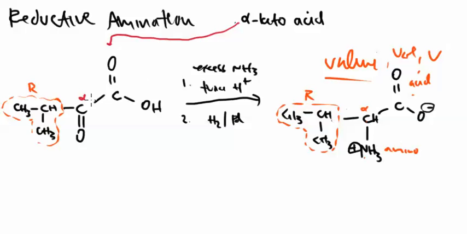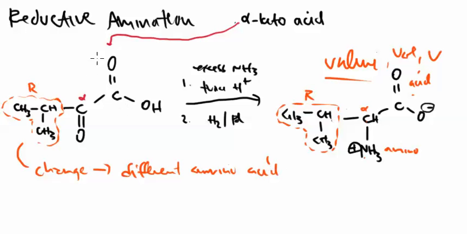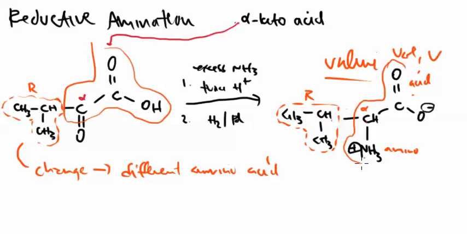Just like in the previous one, this R group is very important because this is what you change, and when you change this, this is how you get different amino acids, right? In all of the amino acid structures, this part of the molecule stays the same. So this carboxylic acid, alpha carbon, and amino group doesn't really change from amino acid to amino acid.